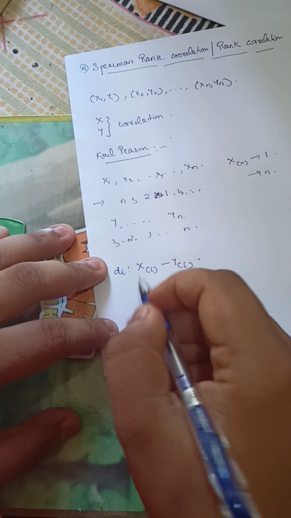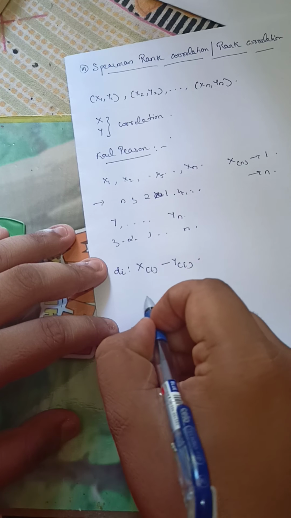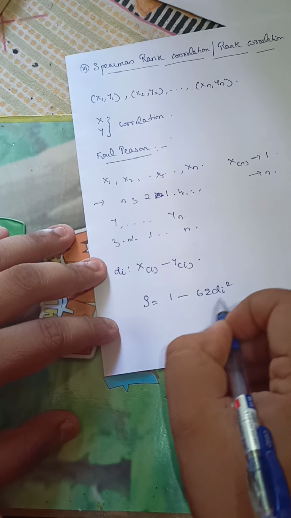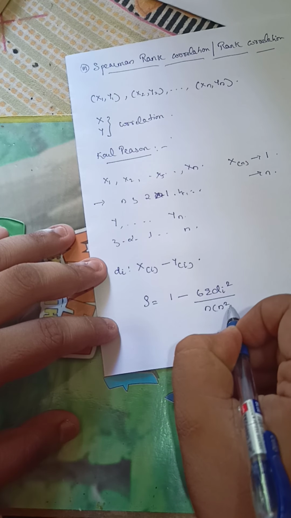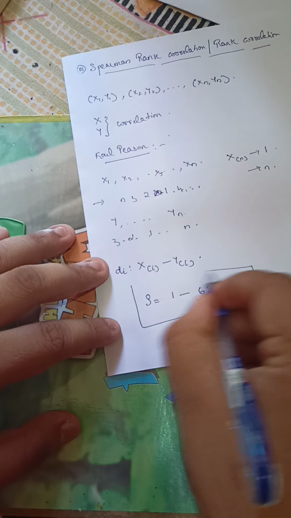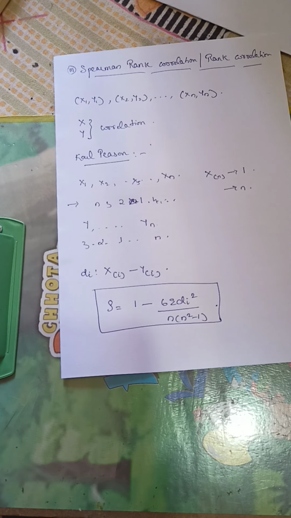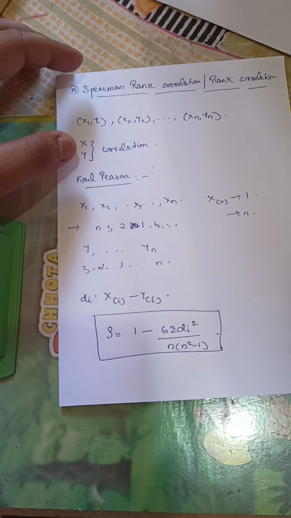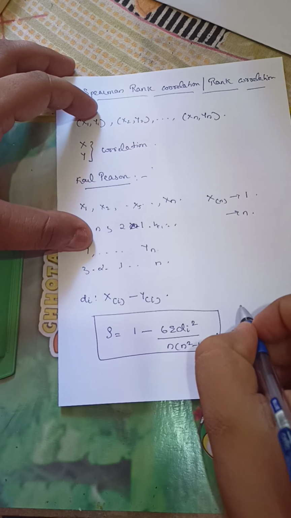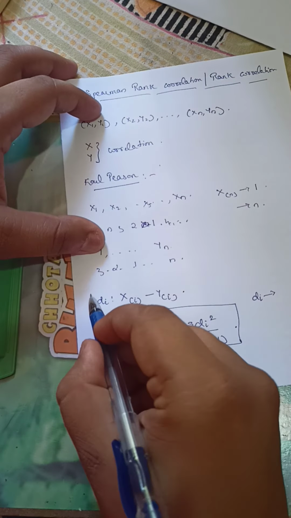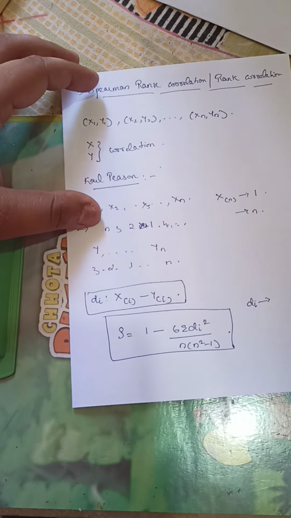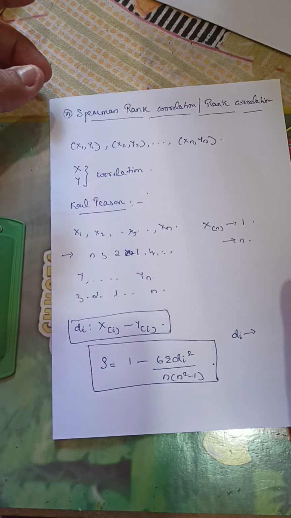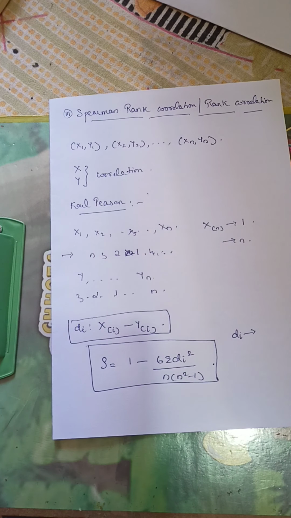Then the correlation coefficient is given by rho equal to 1 minus 6 summation di square divided by n into n square minus 1. This is the formula for the rank correlation coefficient, and this method is known as the Spearman rank correlation coefficient, where di is nothing but the difference between the ranks of xi and yi. This is the basic idea behind the Spearman rank correlation method.